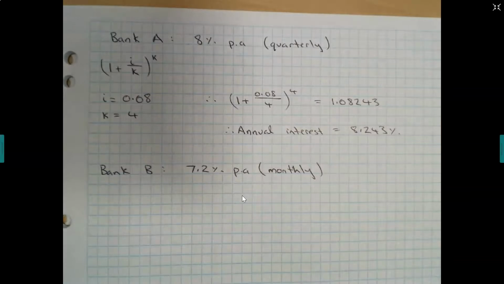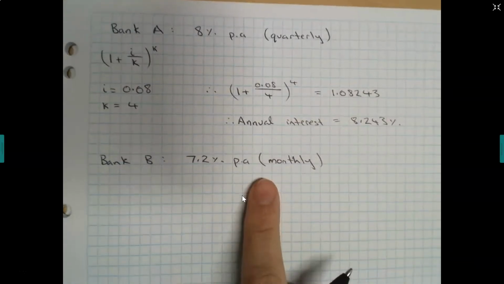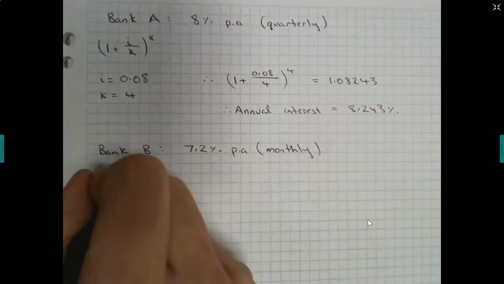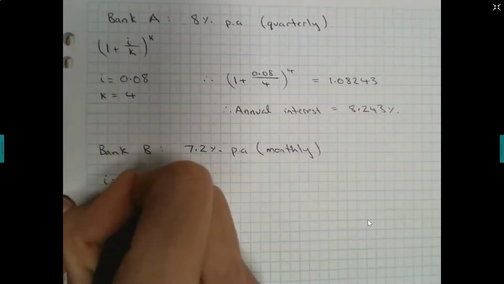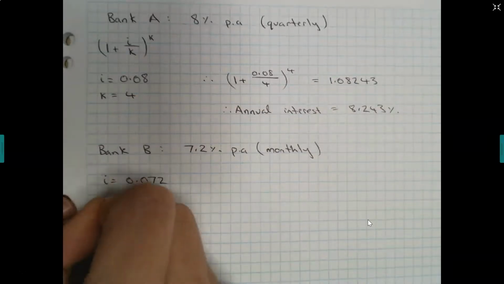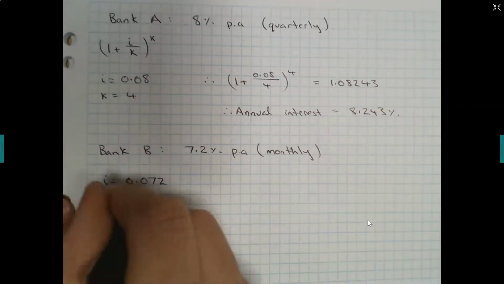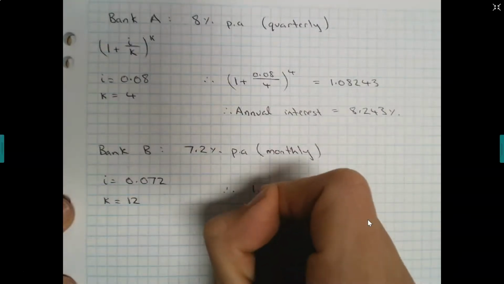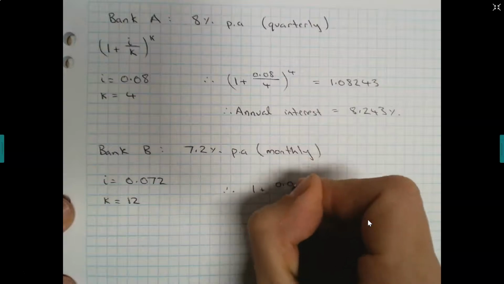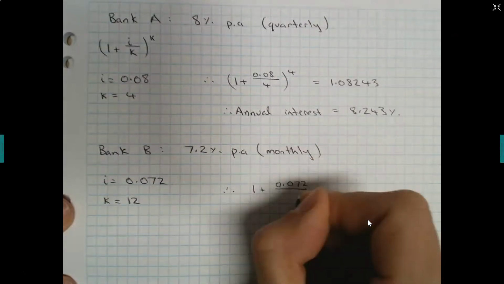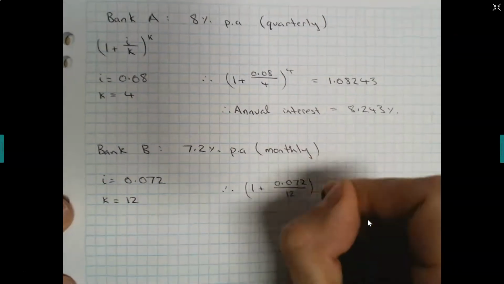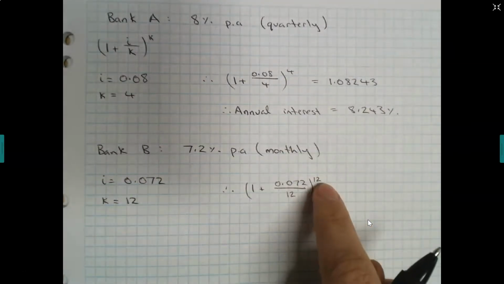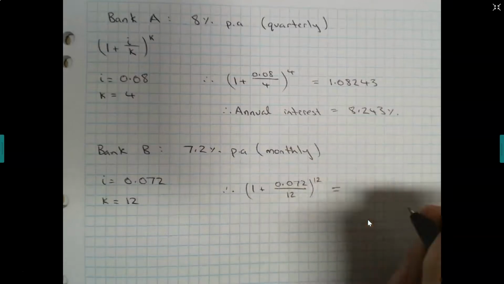So now let's do the same thing for Bank B, where the interest is compounded monthly. Our interest rate is 0.072. Our K, since it compounds monthly, 12 times in a year, is going to be 12. So again, let's use this multiplier: 1 plus 0.072 over 12 to the power of 12. Again, in all of these instances, the n is just 1, so I'm not going to bother writing times 1.